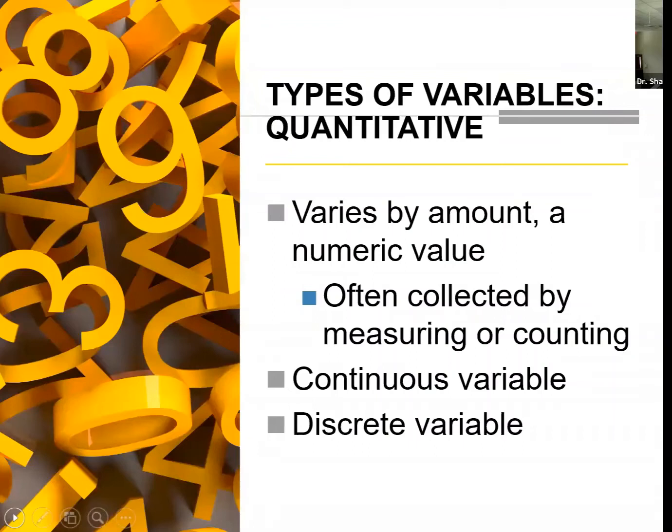Quantity is generally represented in numbers. So generally, it's a numeric value, right? There is a number that we're going to look into. A quantitative value will be measured in numerical units. We can have both continuous or discrete variables that can be quantitative.